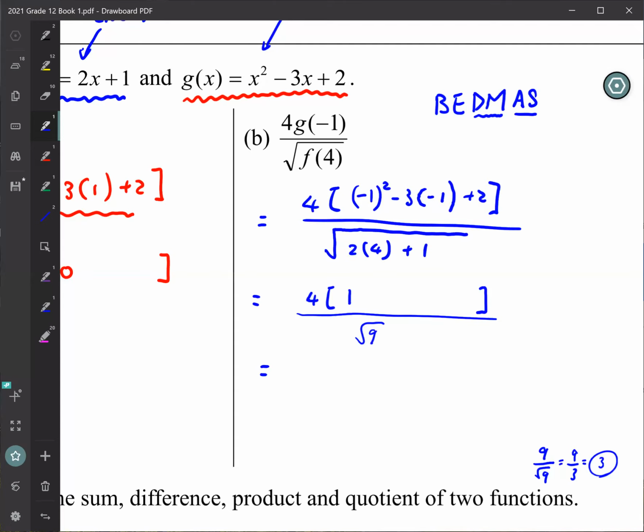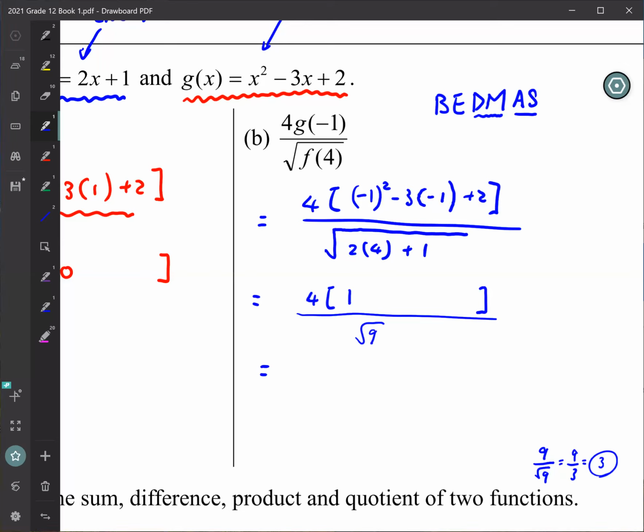Do you see any dividing or multiplying? -3 multiplied by -1.